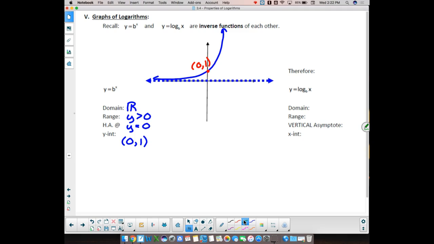No. X is greater than 0 because the domain for this one comes from the range of the other one. What's the range of my logarithmic function? All real numbers, because it's the domain from my original.